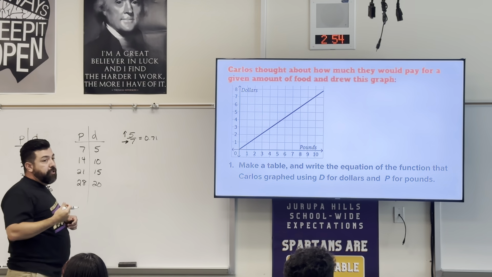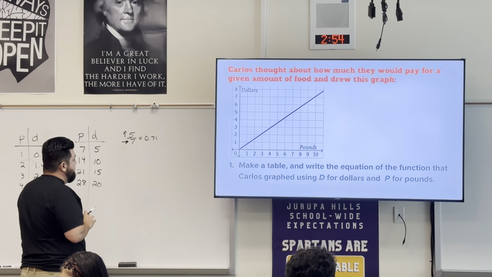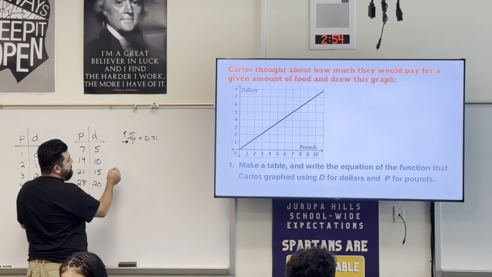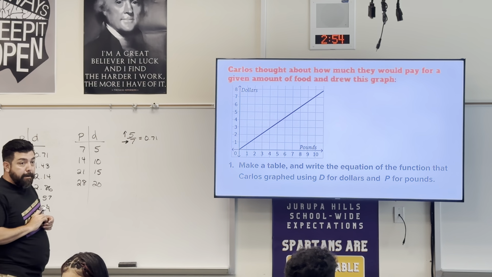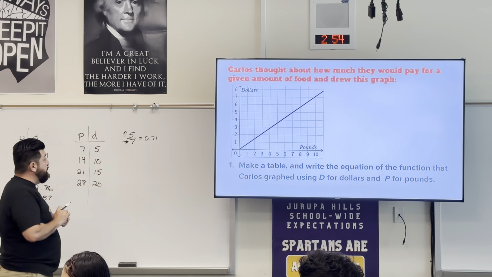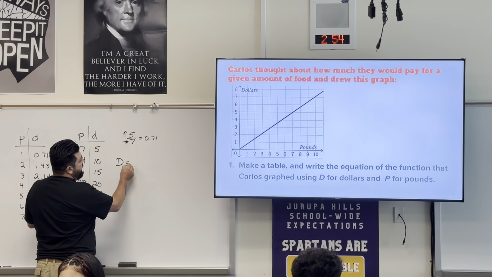Now, since you have that, did you also write an equation? What was your equation? For every 5/7 pounds equals dollars. Okay, so for the dollar amount, right?